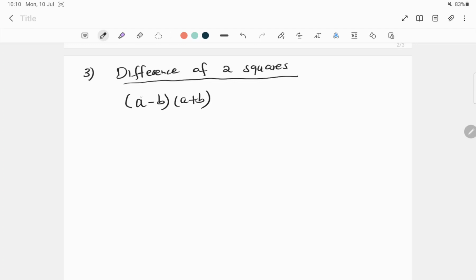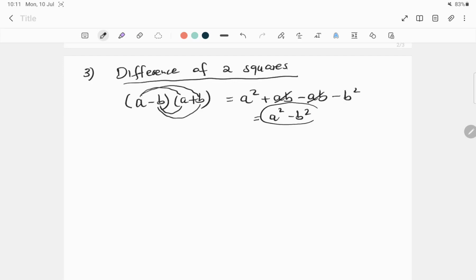Then you say a times a is a squared, a times b is plus ab, and then negative b times a is negative ab, and then negative b times negative b is negative b squared. Then the middle terms cancel out, then you remain with a squared minus b squared.